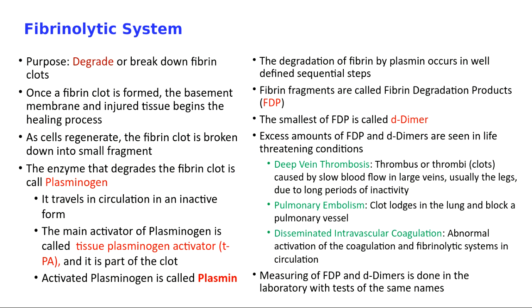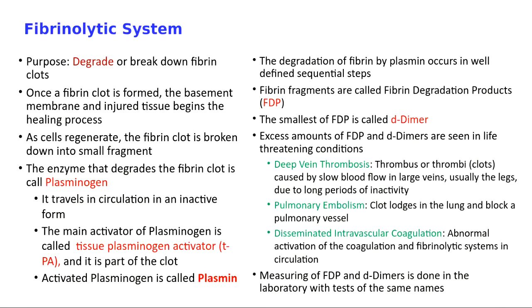Once it's plasmin, then it's going to start degrading or breaking down the fibrin clot, and we can measure that. We can actually see how much fibrinolytic activity we have through the fibrin degradation products test or fibrin split products. It's the same test, slightly different names. But if we really want to get to the most detailed amount of fibrinolytic function, then we would do the D-dimer test.